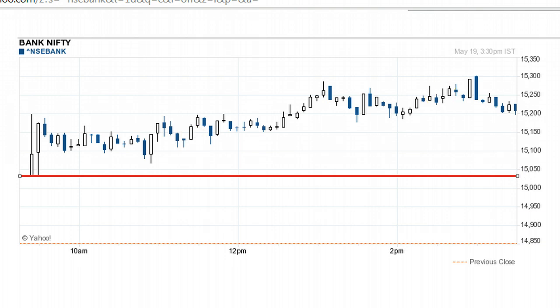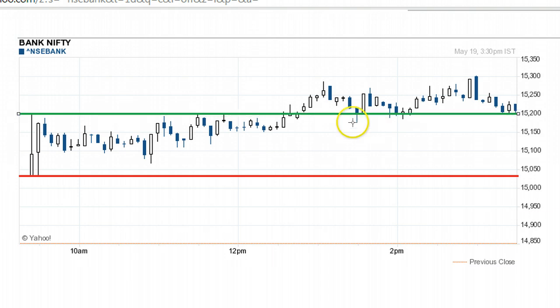I've drawn a straight red line so that you can see that. The first 1 hour high that was created was close to 15,200, so I'm going to draw that line here.